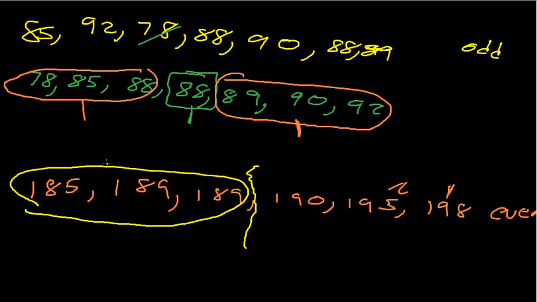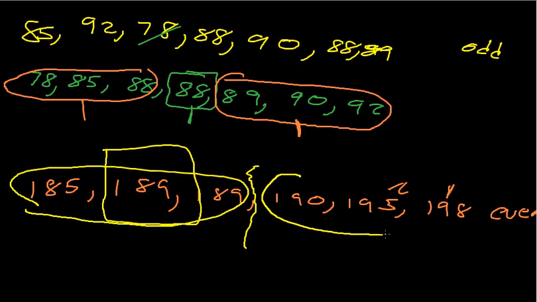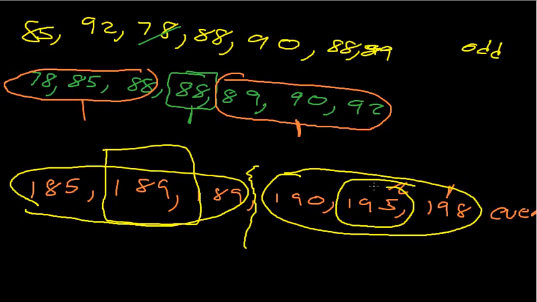Which gave you what? What's your first quartile? How about for the third quartile? How did you get the value for the third quartile? I did the numbers between 190 and 188.